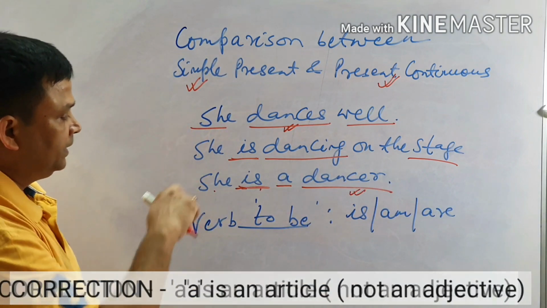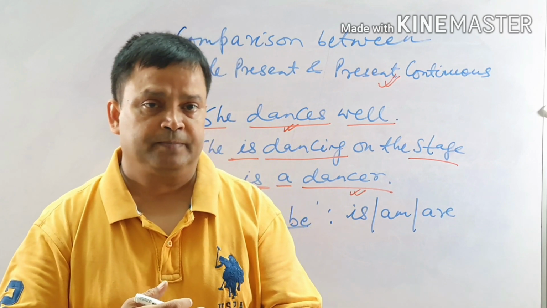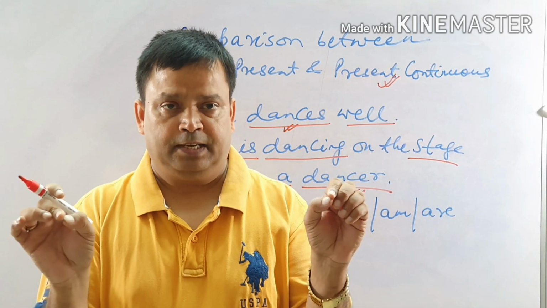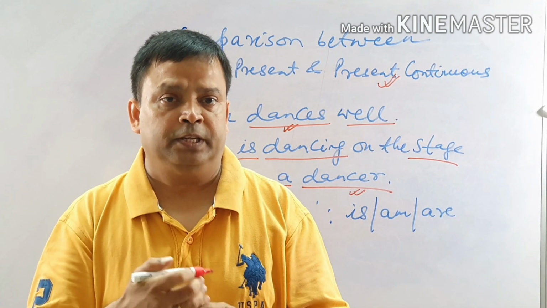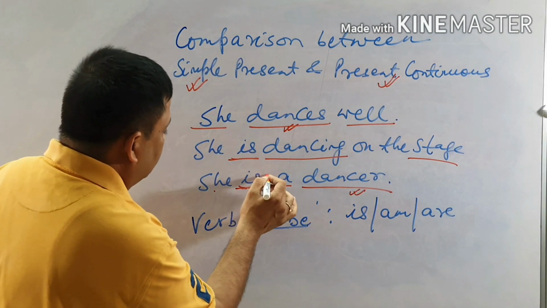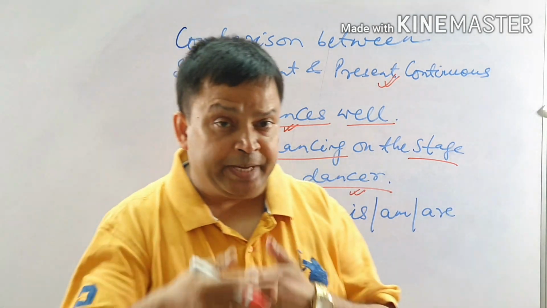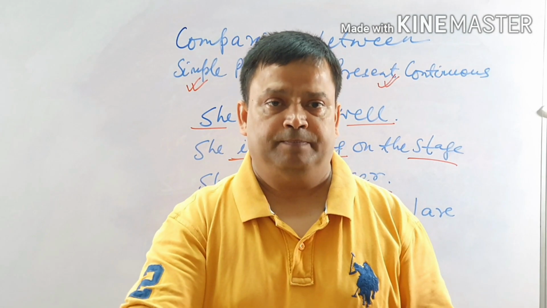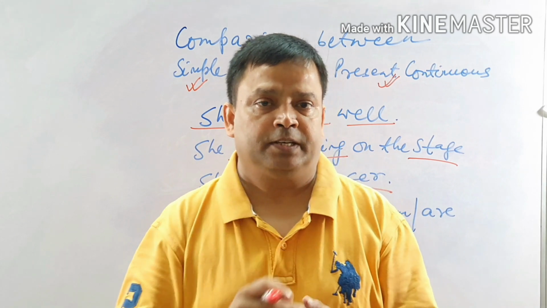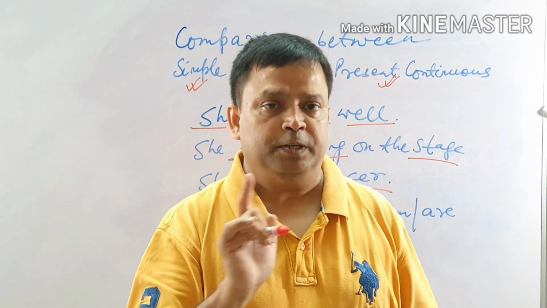Now there is no verb in the sentence. Here comes the problem. If you are using a sentence and there is no verb, then what do we do? In this case, she is a dancer. Now is, her being a dancer, is the verb.